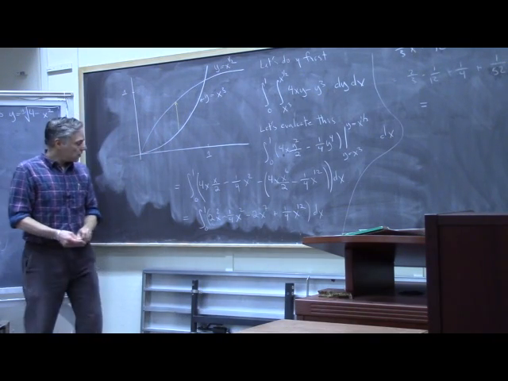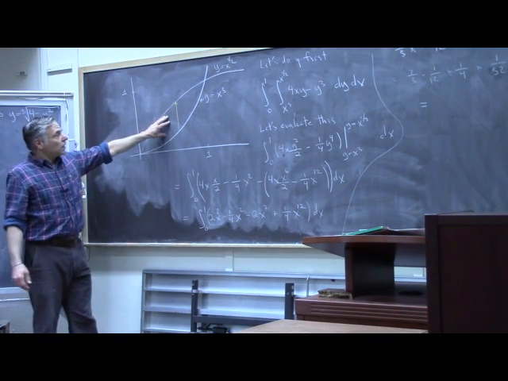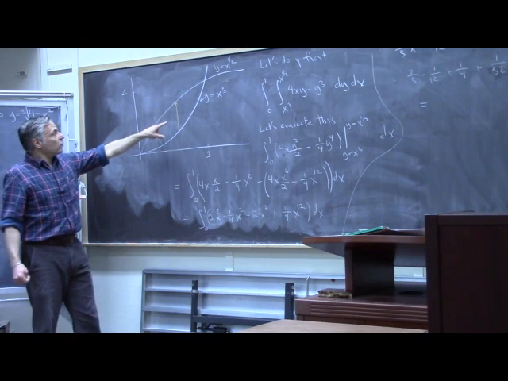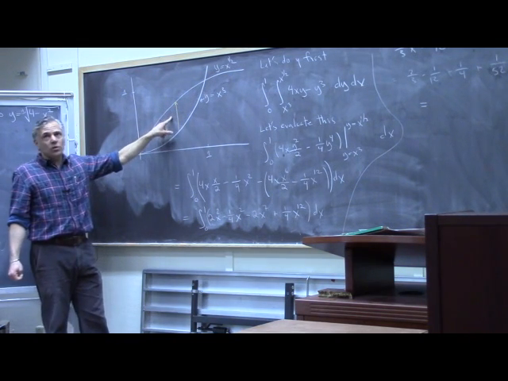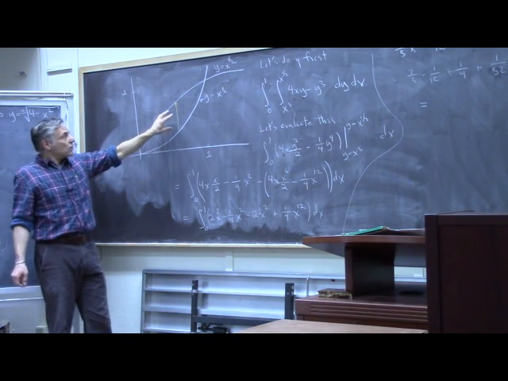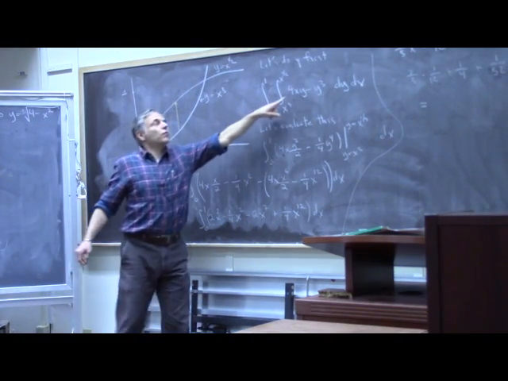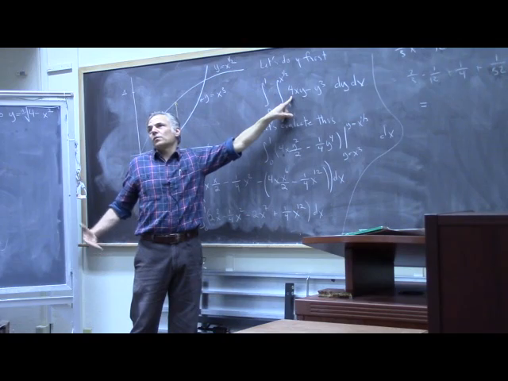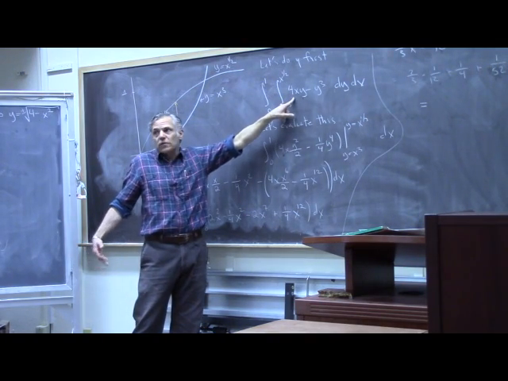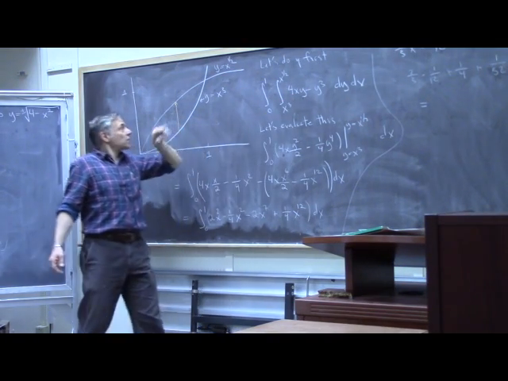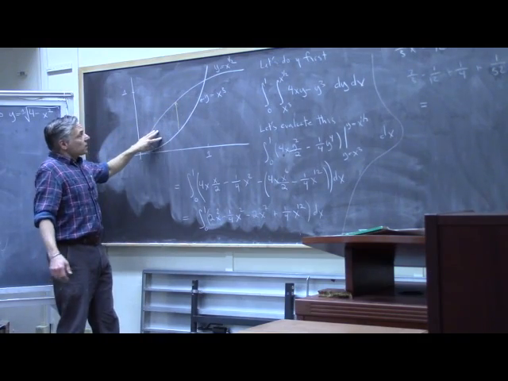OK, so this was this problem. And again, just a reminder, in Calc 2, or the equivalent, you calculated the area of this shape. Here we're doing something different. We're calculating the number of rabbits in this shape, or the total charge, or the average value of this function. So we're not just adding up this area.